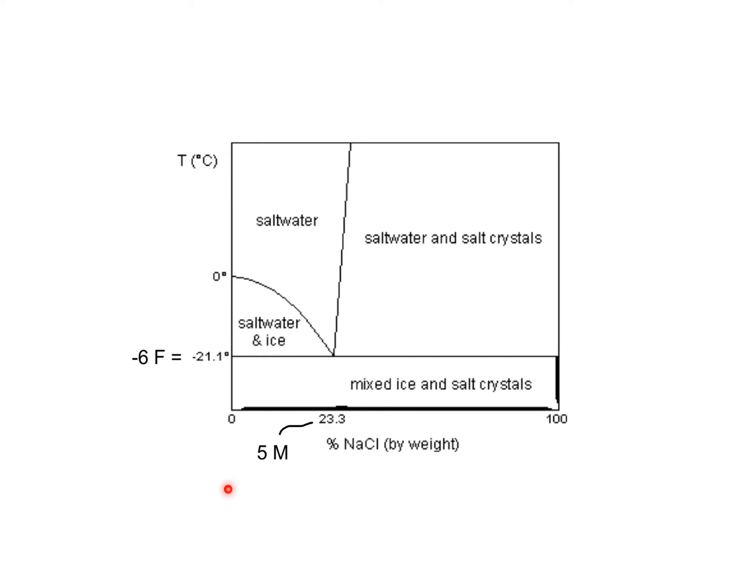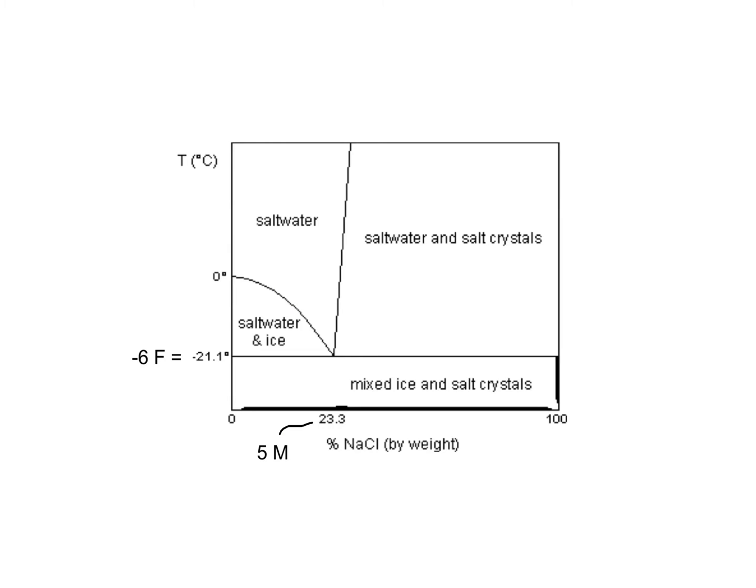When we have pure water, no sodium chloride in the solution, our water freezes at 0 degrees Celsius, as we know. When we increase the amount of sodium chloride in solution, the freezing point of that solution is depressed. In other words, the solution freezes at lower and lower temperatures.